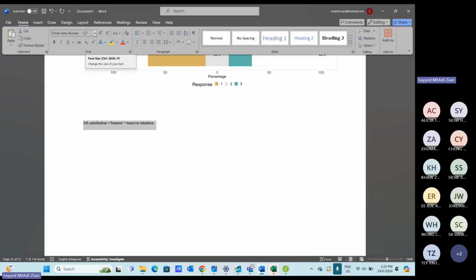How is the relationship with turnover intention? What's the meaning of turnover? Turnover means, yes, if the employer wants to fire employees, turnover intention. How is the relationship? Negative, positive?